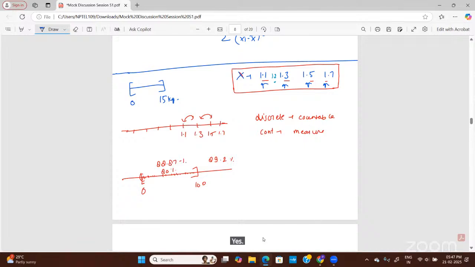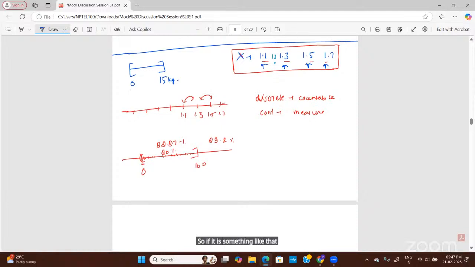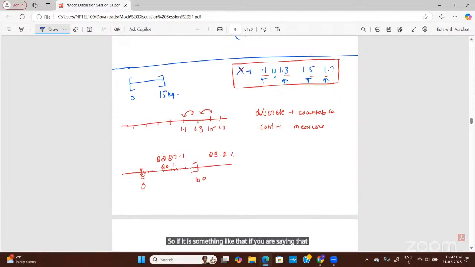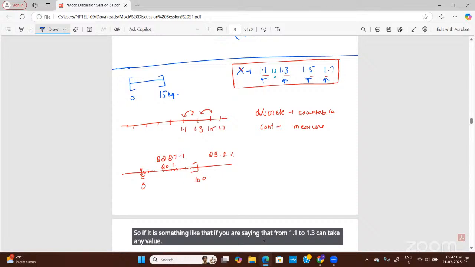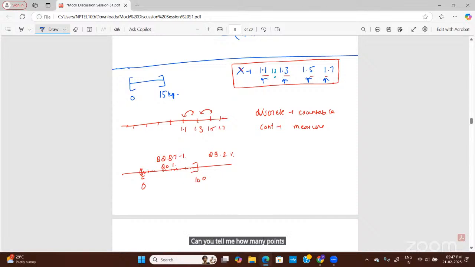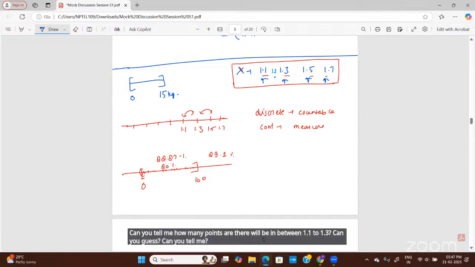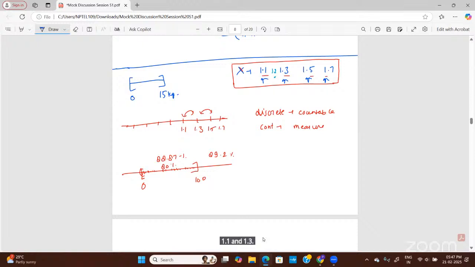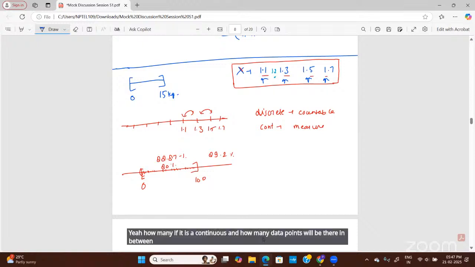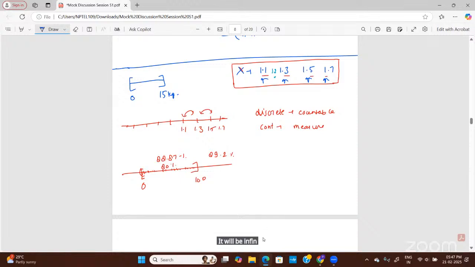If you are saying that from 1.1 to 1.3 it can take any value, can you tell me how many data points there will be between 1.1 and 1.3? It would be infinite, ma'am. Right, so that is why it is continuous, because we cannot count it.